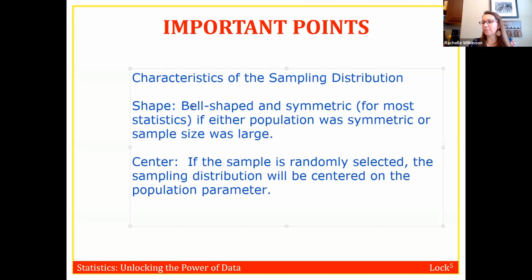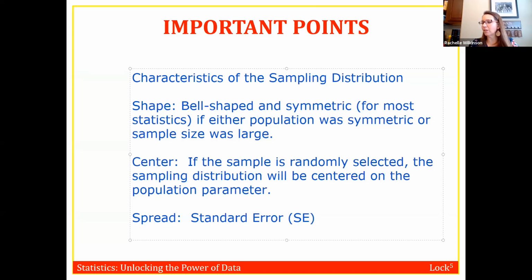Okay, and then as far as spread or variability, we saw that the spread was less, and we decided to give a special name to the variation of a sampling distribution. We're going to call it the standard error. And we even have an acronym for standard error. It's SE.